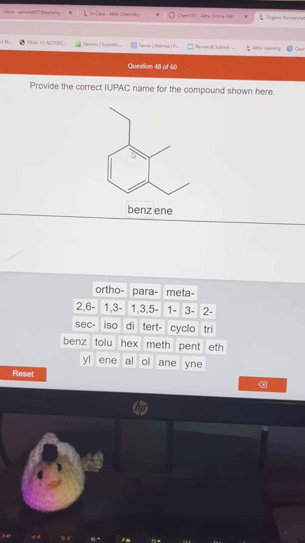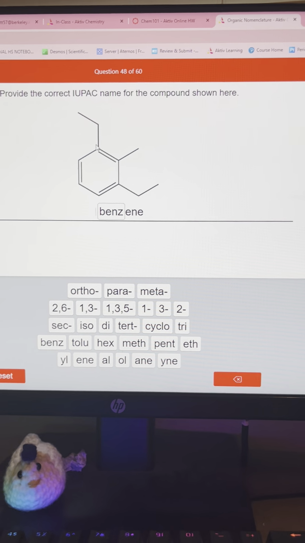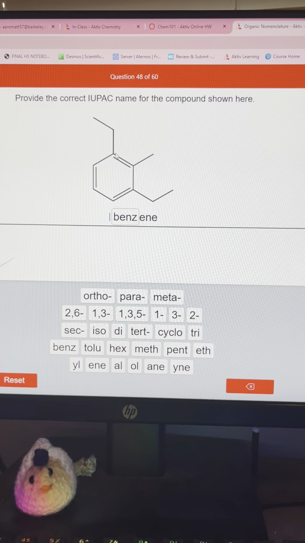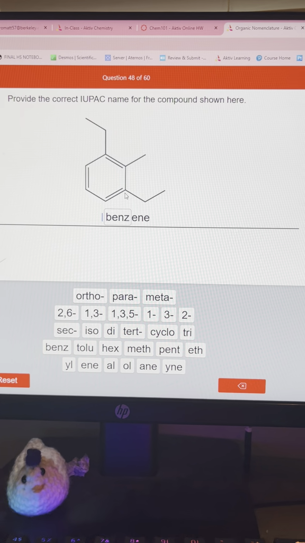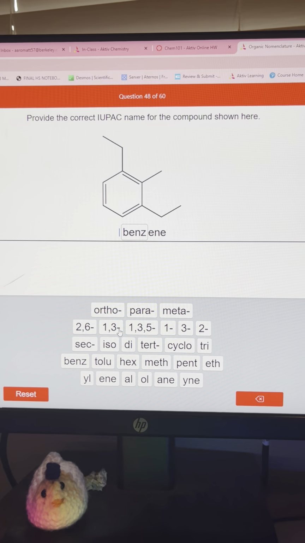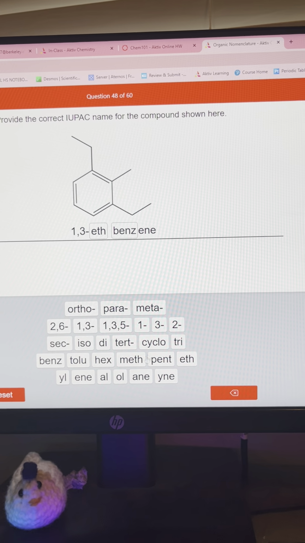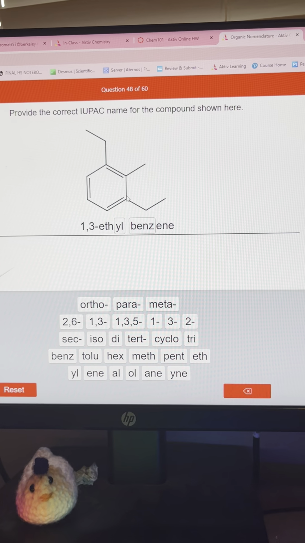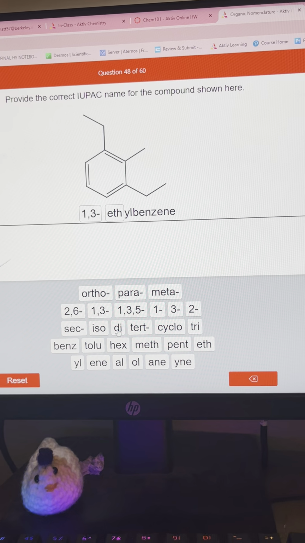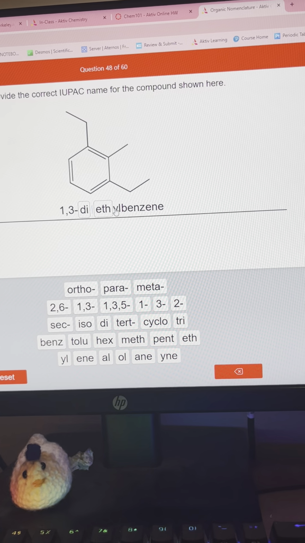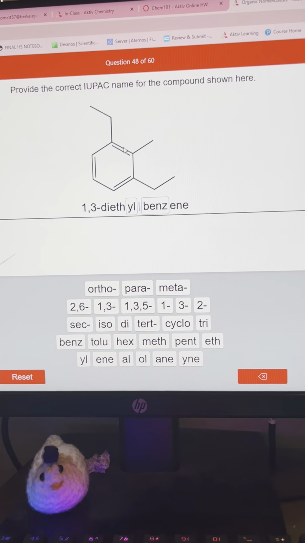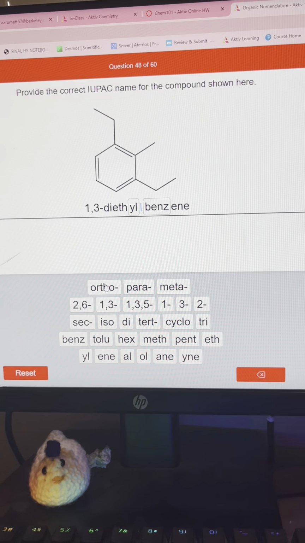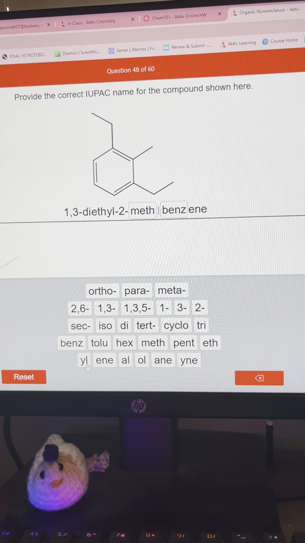We start here, because remember the ethyl is always first, so we could do 1 and 3 is where our 2 ethyls are. So 1, 3, ethyl. And remember diethyl, because there's 2 of them. And then after that, a 1 methyl. So our methyl would be at 2 methyl, like that.